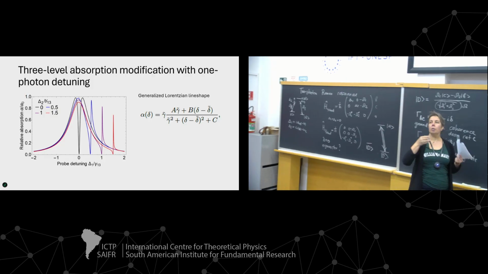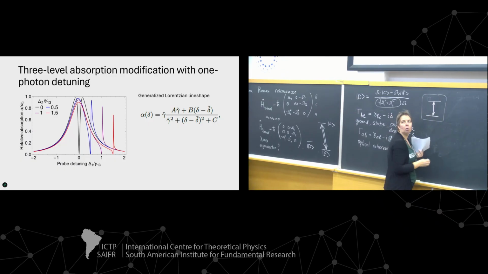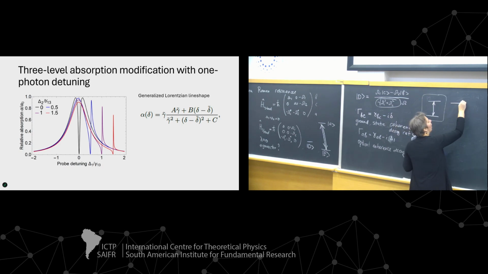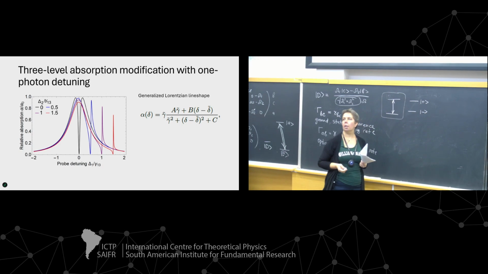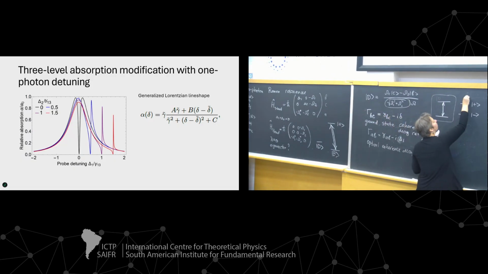So what happened with the dressed states here? If you remember, if we have a two-level system and we apply the optical field, we can basically put this in a black box and say, well, I don't know what happened there, but if I probe it externally, I can find whatever the eigenstates of this interacting system are. And I have the two optical states, or mixed states now, which are the dressed states, right?